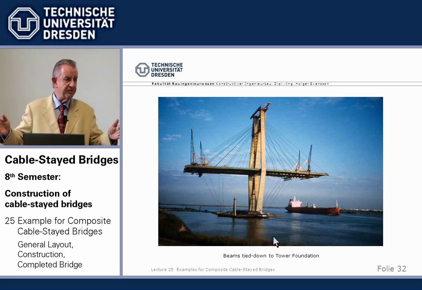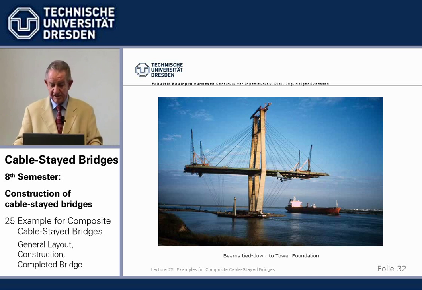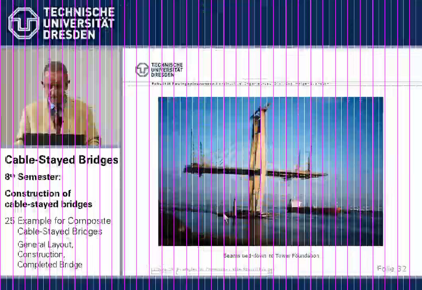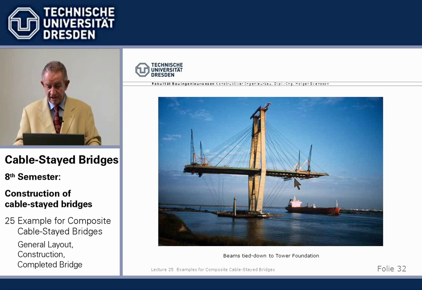And so we see here tie downs to the tower foundation. Eccentric it has to be, so there were some additional piles, and in transverse direction it's inclined against torsion. And with this, it worked.